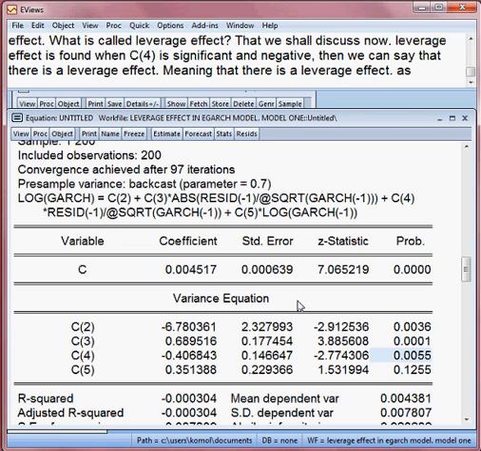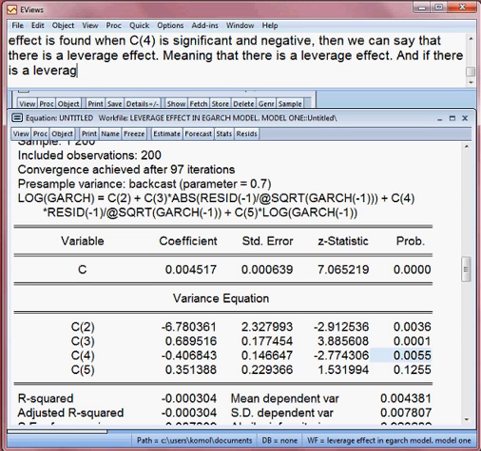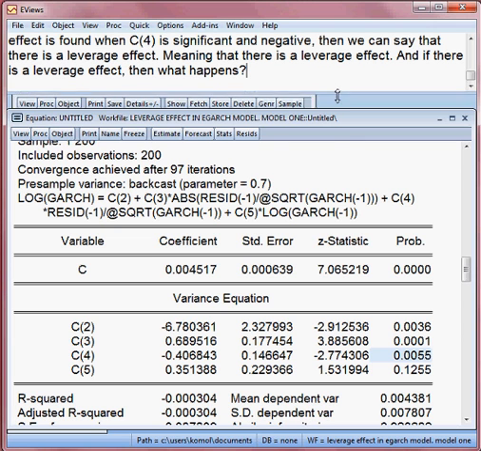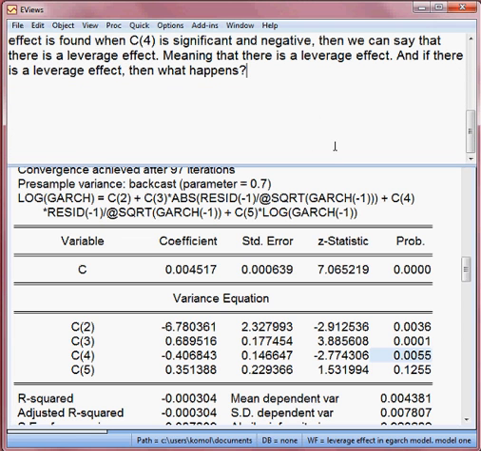And if there is a leverage effect, what happens? Okay, first I talk about what the leverage effect is.